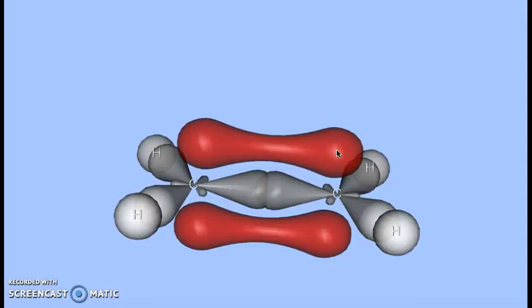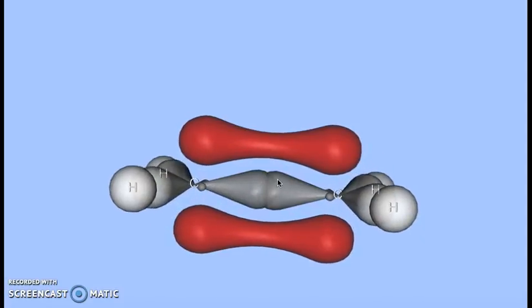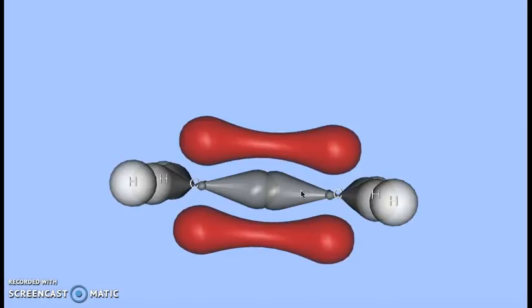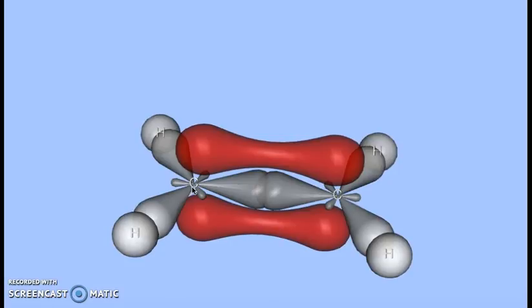And in this case, we have two different types of orbitals. The hybrid orbitals are in the plane of the bond between the two carbons. And we can see that we have the sigma bond formed by the overlap of the sp2 orbital on one carbon and the sp2 orbital on another carbon, or alternatively between an sp2 orbital on this carbon and the s orbital of the hydrogen.